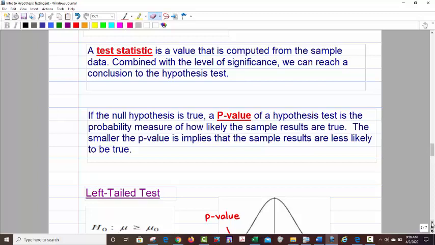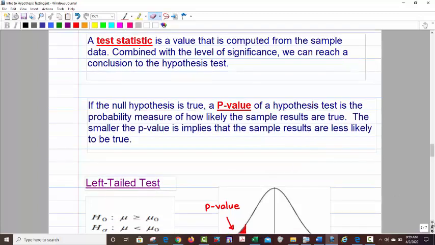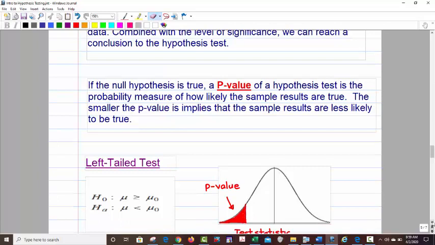Meaning, is it accurate that the sample results are identifying that the null hypothesis is true? A smaller p-value implies that the sample results are less likely to be true, and that's what we're going to learn in a subsequent section, meaning that's going to lead to rejection. Maybe I shouldn't have spoiled the surprise, but that's okay.